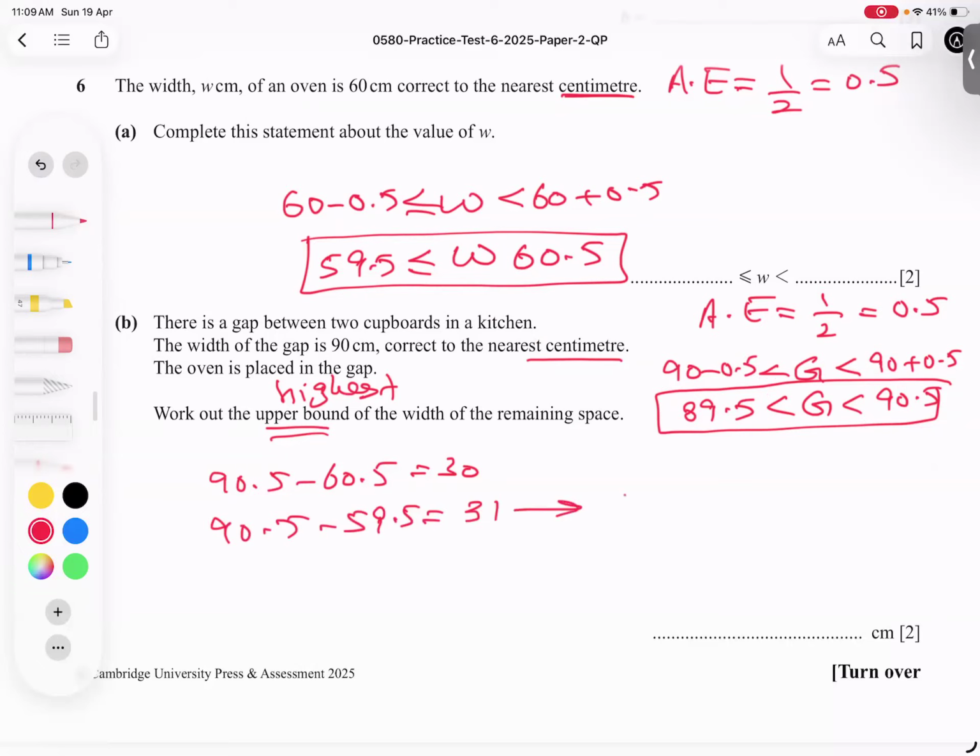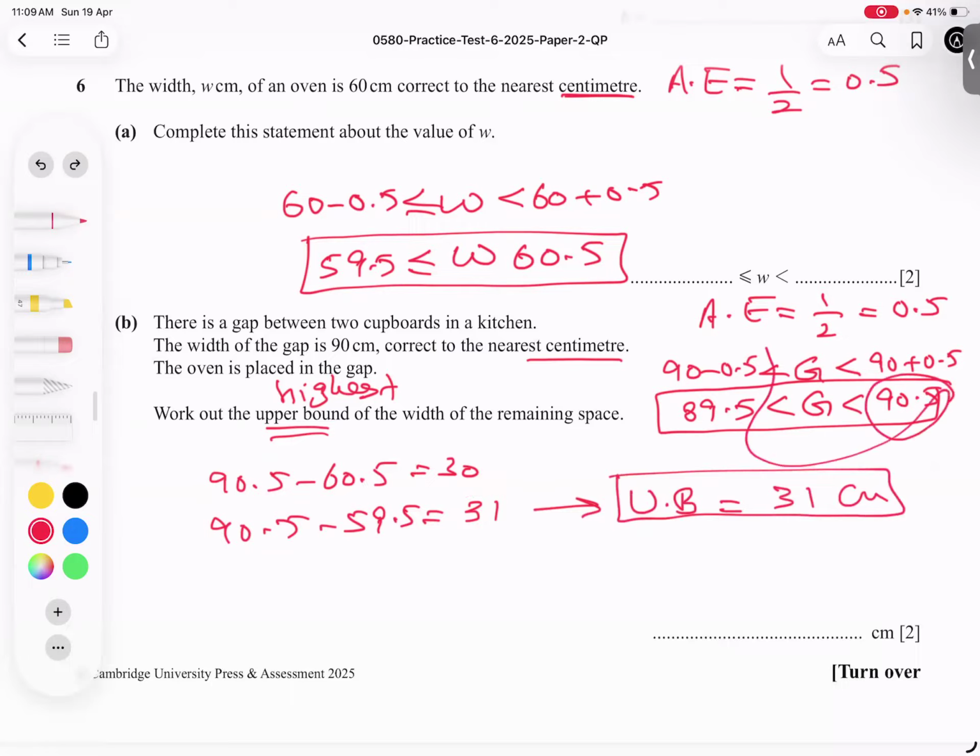This is called the upper bound. So the upper bound of the gap is 31 centimeters. I think you people are understanding well. I repeat my words: highest value and the smallest value. If I subtract, then I'll get the gap. I hope you got the point.